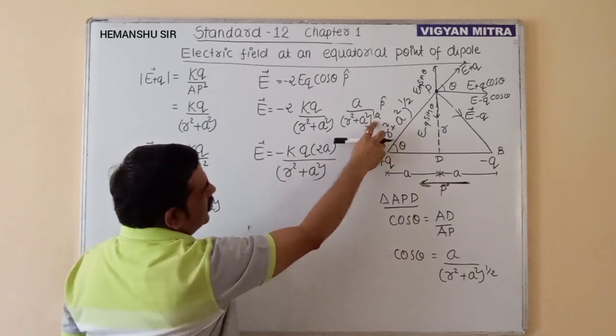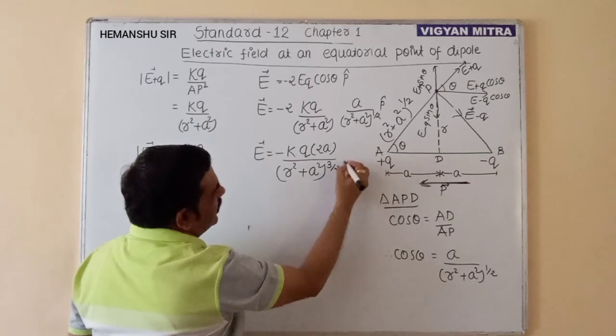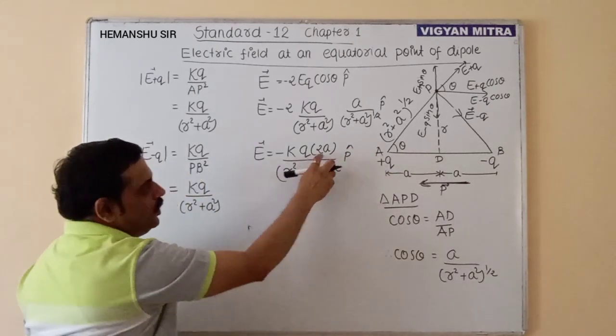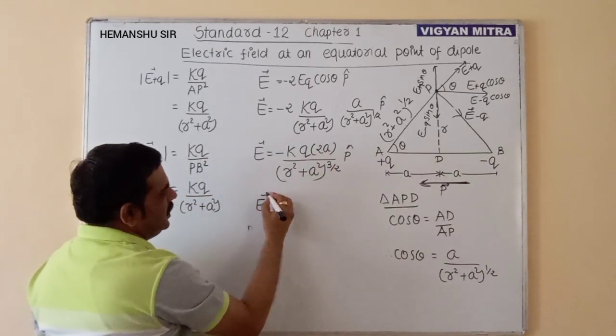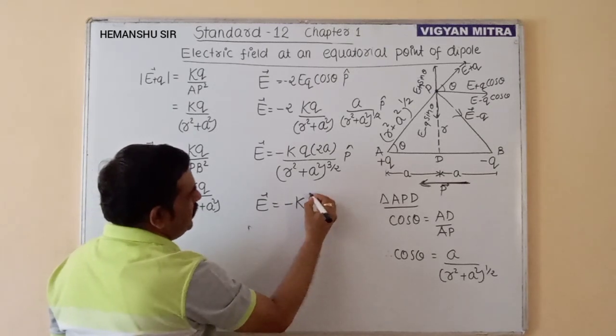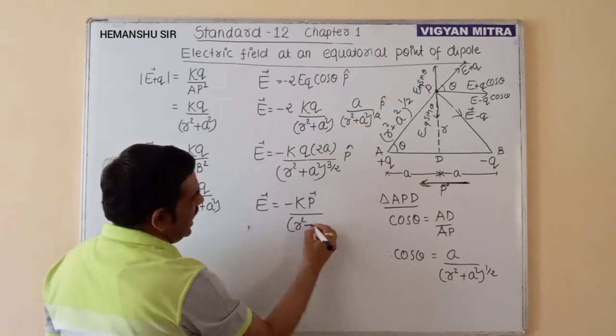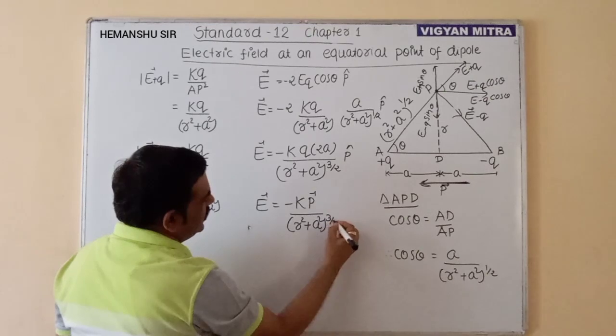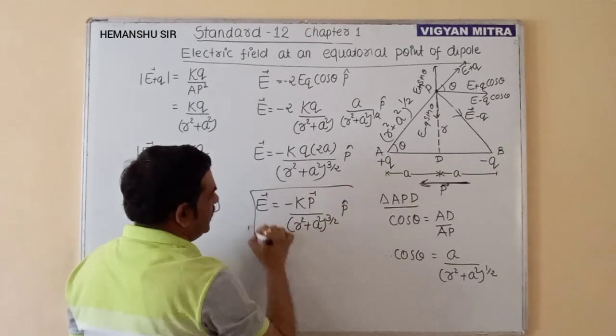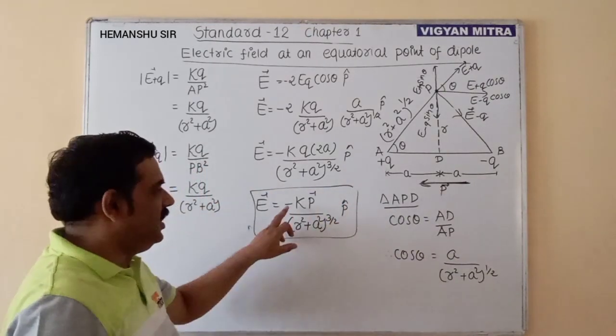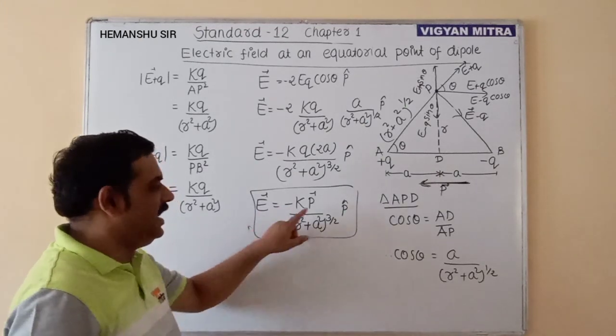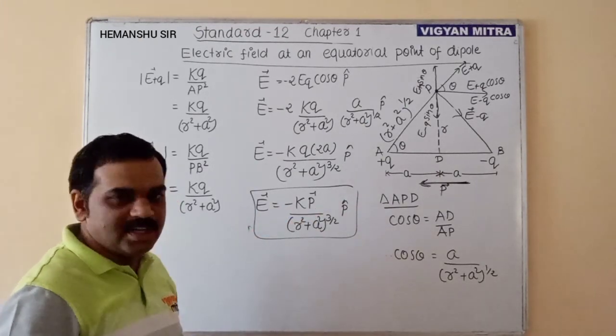Here 1 power, here 1/2 power. So the total power is 3/2. But Q into 2A is P. So E is equal to minus KP divided by (R square plus A square) raised to 3/2 into P cap. Here the negative sign indicates that the electric field and dipole moment are in opposite directions.